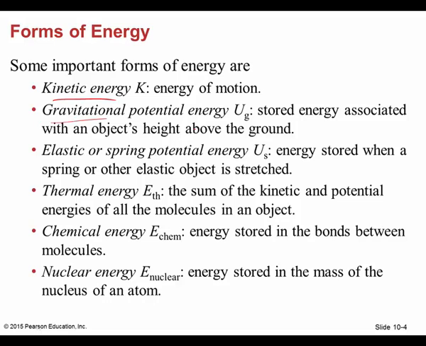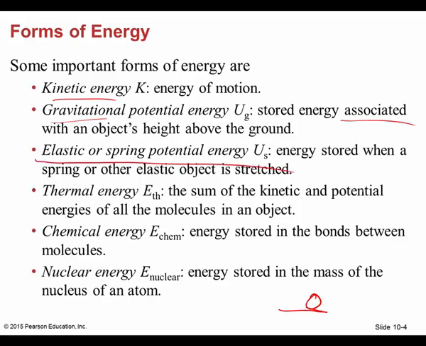Gravitational potential is a type of stored energy, and it is always associated with the object's height above the surface of the earth, okay? And an object sitting on the ground on the surface of the earth has zero potential energy, because it is not above the surface of the earth, it is on the surface of the earth, so therefore it has zero potential.